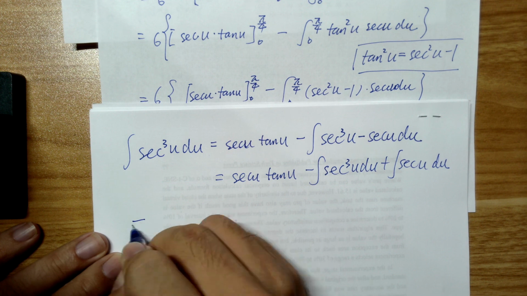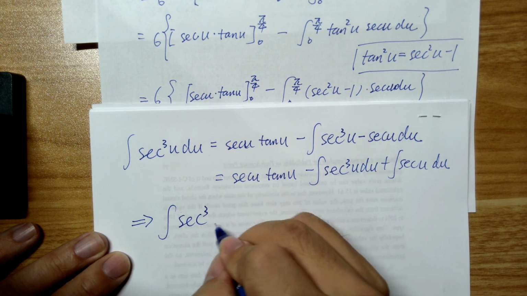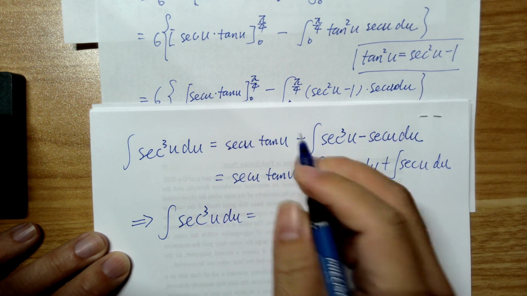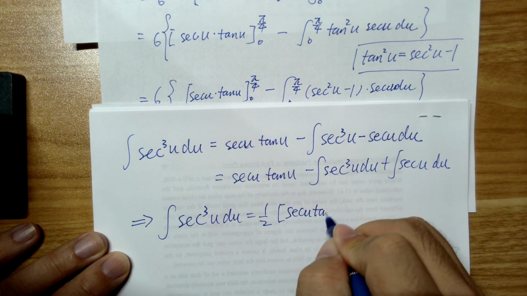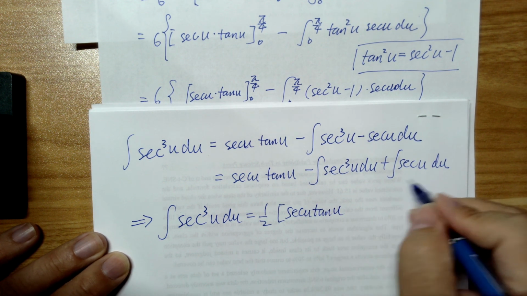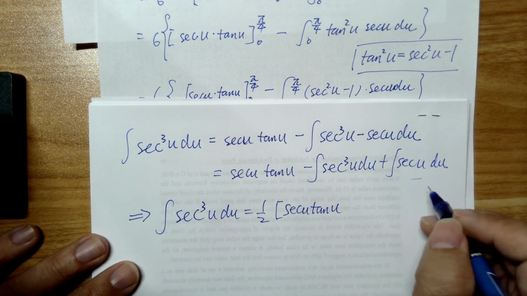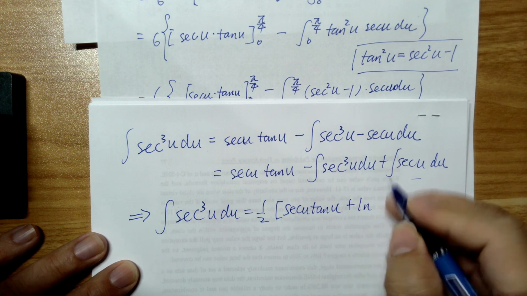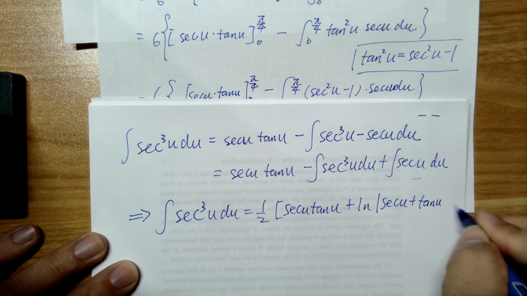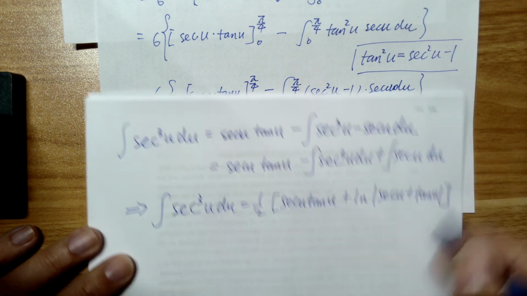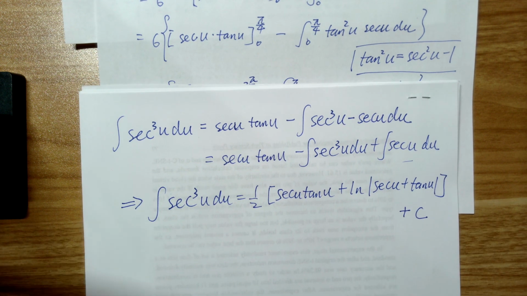It turns out that the integral of secant cubic u du equals 1 over 2 of secant u tan u plus the integral of secant u, which equals natural log of the absolute value of secant u plus tan u here. Of course you need to add a constant c because this is an indefinite integral.